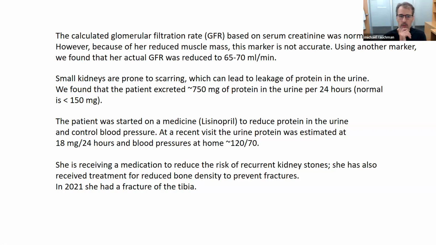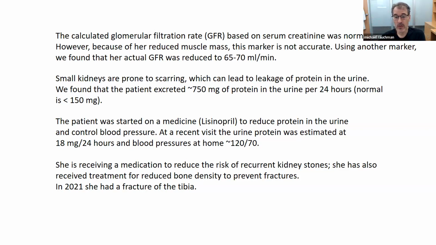The next thing I did was I thought that since small kidneys are prone to scarring, which can lead to leakage of protein in the urine, we should check. We found that the patient did have an increased amount of protein in the urine, 750 milligrams per 24 hours, normal being less than 150. So I started the patient on a medicine called lisinopril.